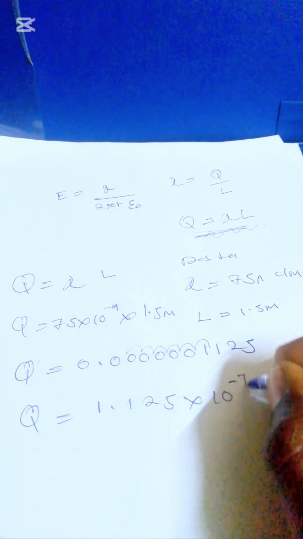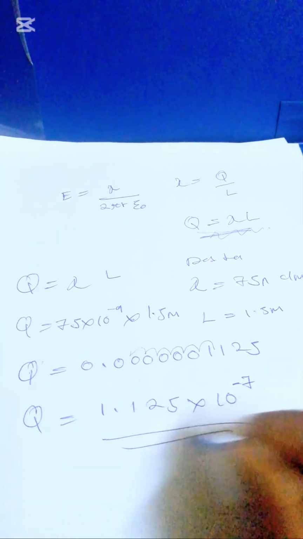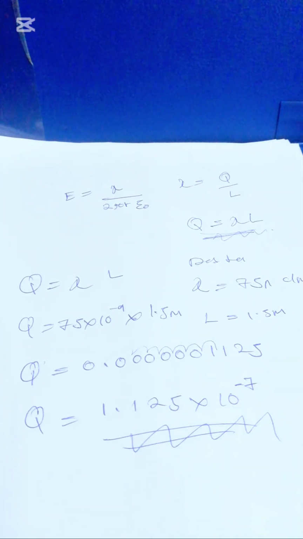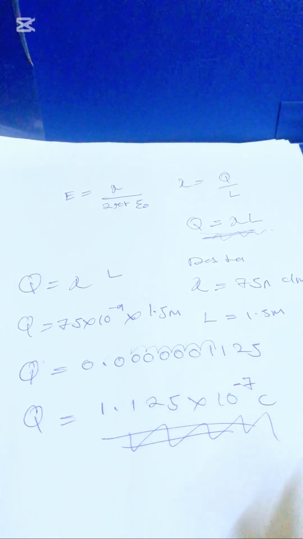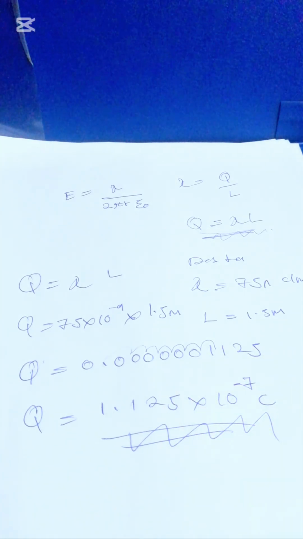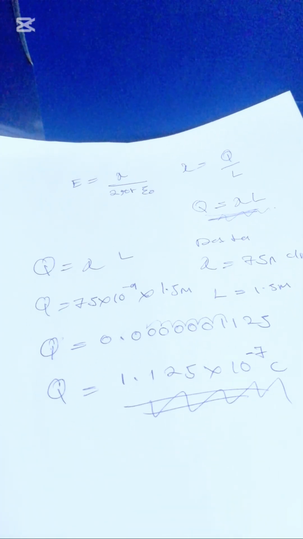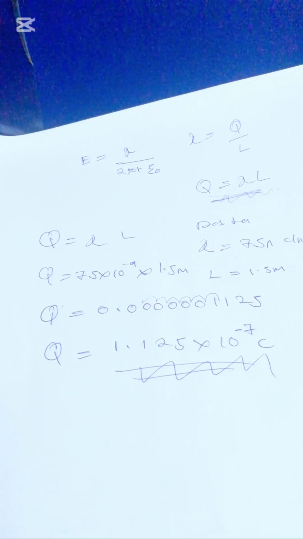So this will be our answer, in coulomb. That is our total charge enclosed in the Gaussian cylinder. So that's how to go about it in A.